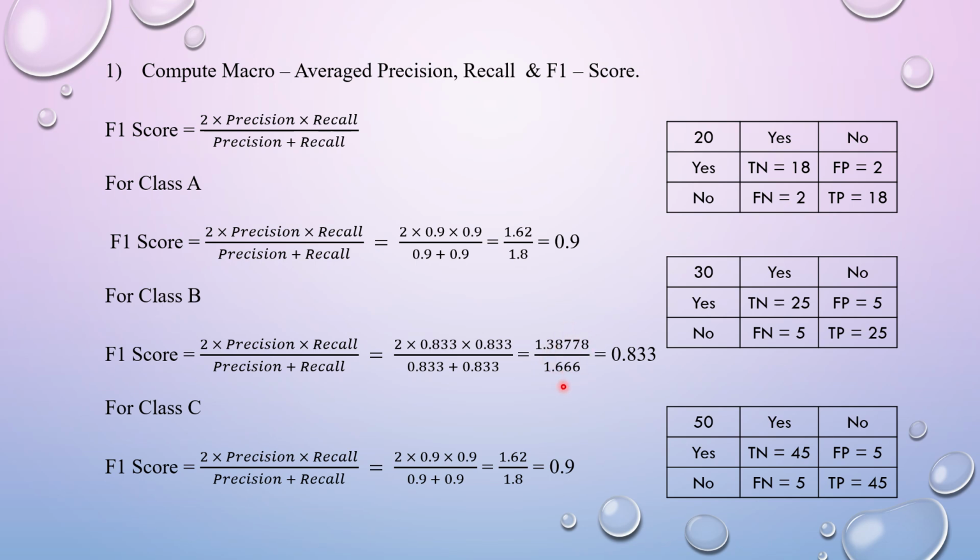After dividing this value, we get 0.833. So F1 score for class B is 0.833. Similarly, for class C, F1 score is equal to 2 into 0.9 into 0.9 divided by 0.9 plus 0.9.